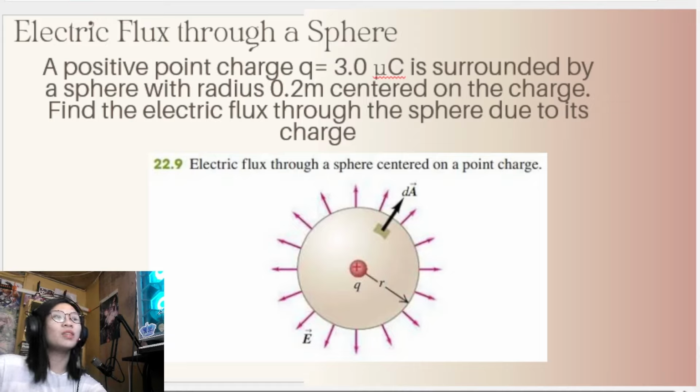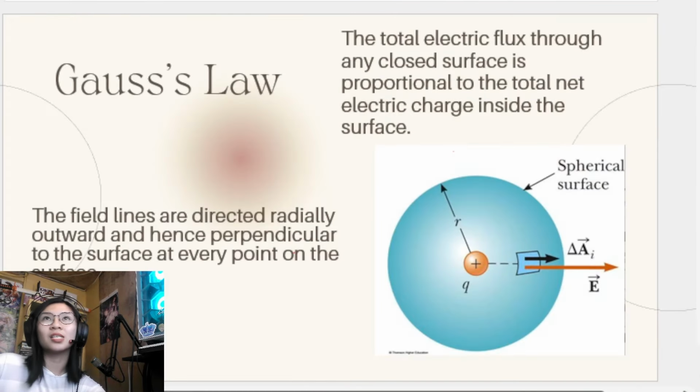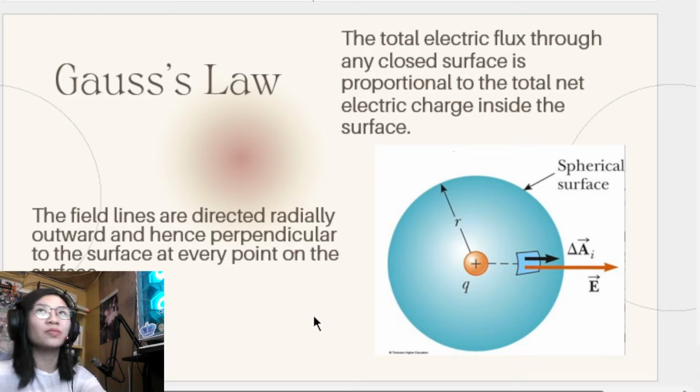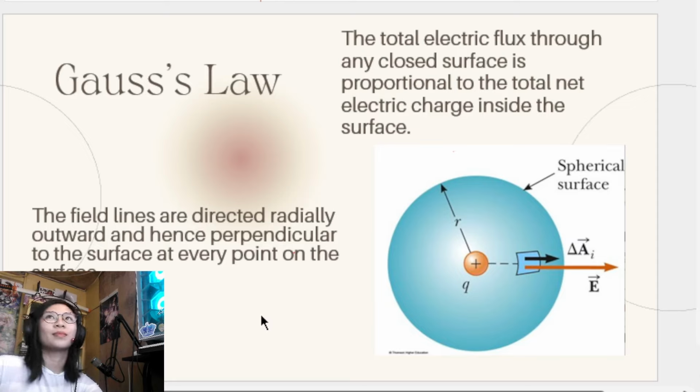Okay, so with that, we will use Gauss law. Gauss law says the total electric flux through any closed surface is proportional to the total net electric charge inside the surface. So basically, Gauss law gives the electric flux of a closed surface that has a charge inside.